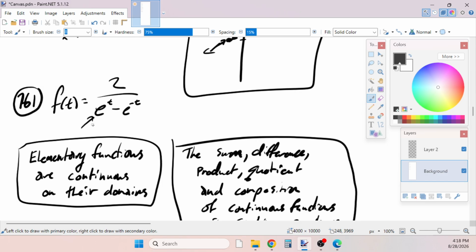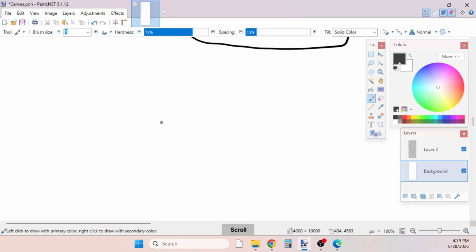So exponential functions are elementary functions. That means that this is continuous. This one is too. The difference of them is continuous. And constants are elementary functions, so they are continuous. So we have a continuous function divided by a continuous function, which is continuous, except possibly where the denominator equals 0. So we have the question, is that denominator equal to 0?